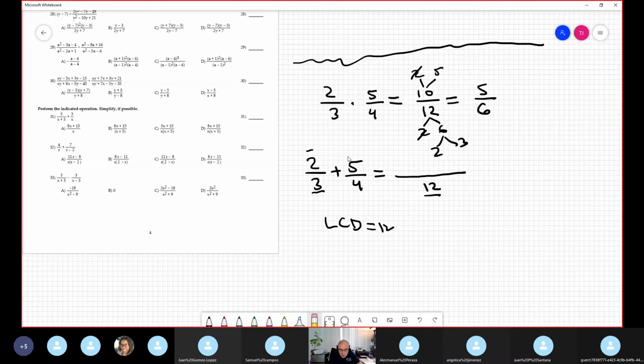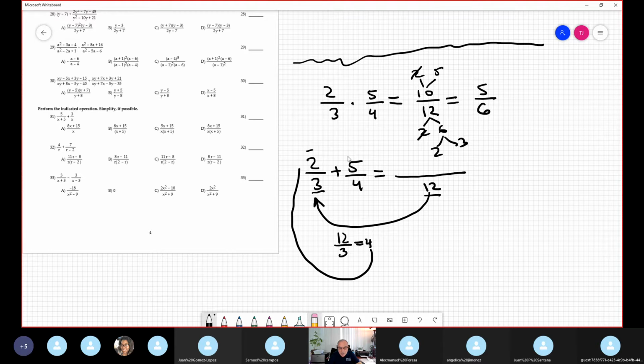I know that you know that, however, I want to repeat. You divide mentally in your mind 12/3, that's 4. And this 4 you multiply by the numerator, which is 2, is 8. That means that the fraction 2/3 and the fraction 8/12 are equivalent.